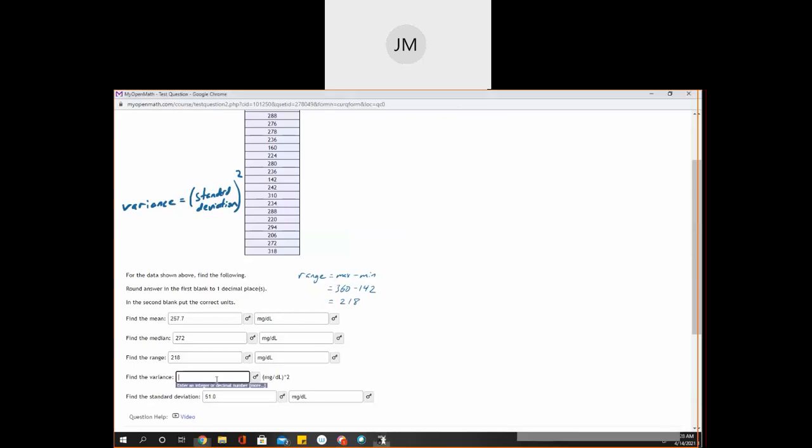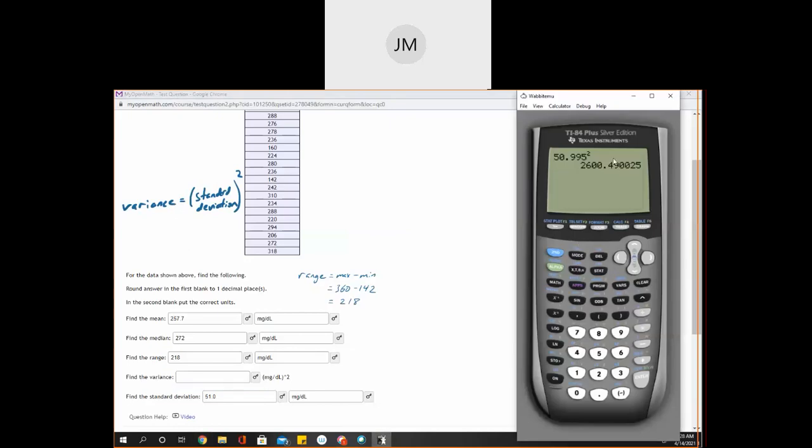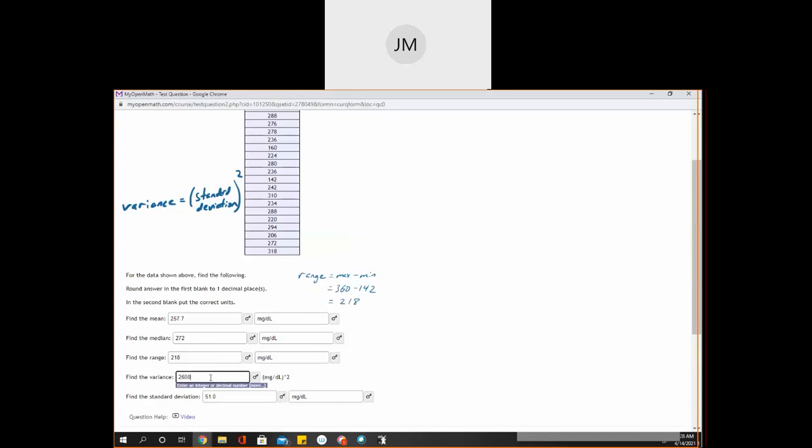Okay, and I get 2,600.5. And they put in the units for you for variance because it's weird, because it's going to be whatever units we had squared.